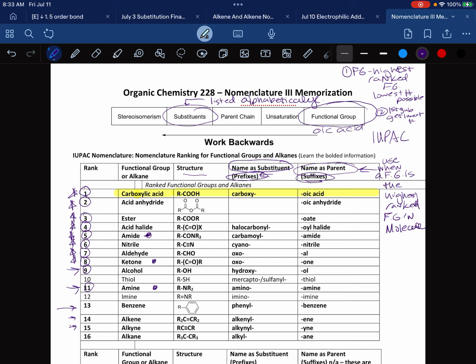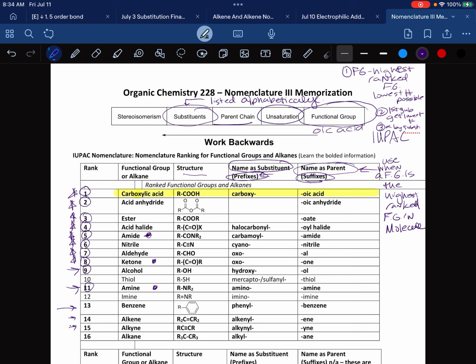And then if we don't have any sort of point of difference on that, then we can go with alphabetical by substituent. But that's going to be our lowest priority order, where the one that comes first alphabetically. If we're going to get the same set of numbers no matter which way we number it, but numbering it one way gets, say, chloro a lower number than a fluoro, then that's what we're going to do. Then we'll have our parent chain.